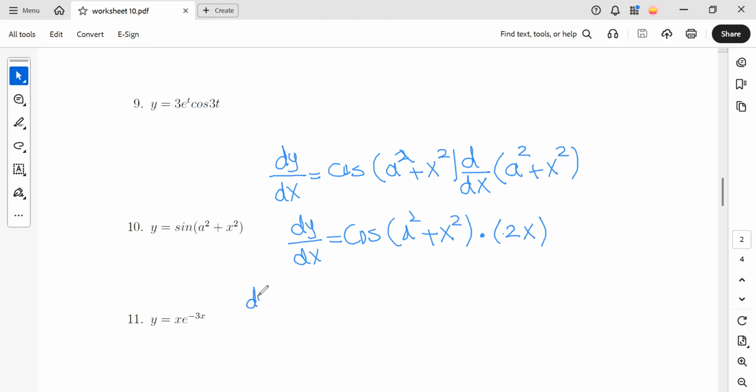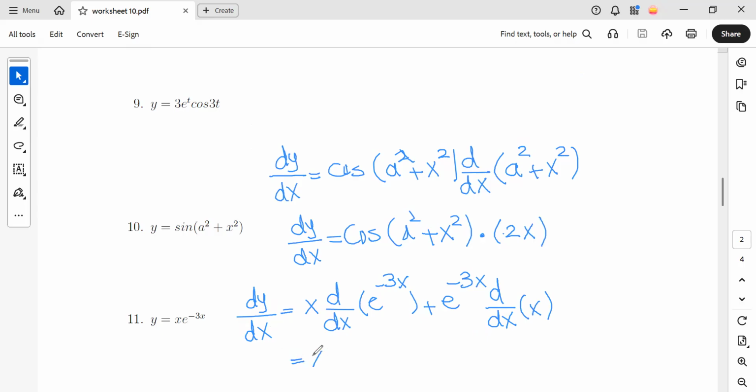Number 11 is again a product rule. So we would copy the first one, derivative of the second one, plus copy the second one, derivative of the first one.